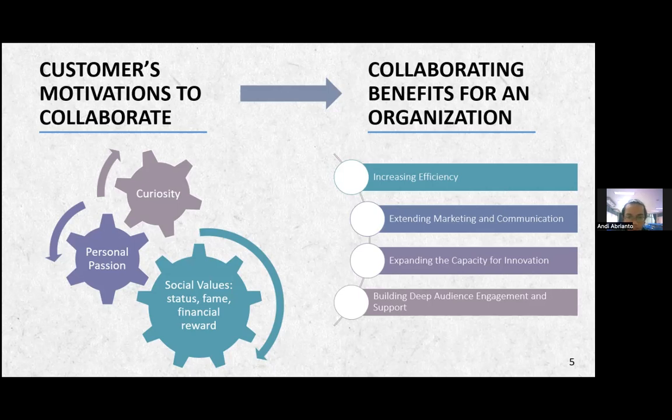By inviting customer networks to participate in our project, a collaborative strategy can help our organization achieve key business objectives, including increasing efficiency, extending marketing and communication, expanding the capacity for innovation, and building deep audience engagement and support. So, before applying the collaborative strategy in our organization, we have to understand the motivation of our participants so we can get the maximum benefit of this strategy.